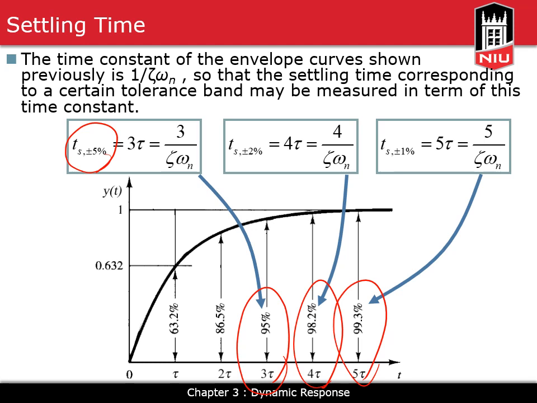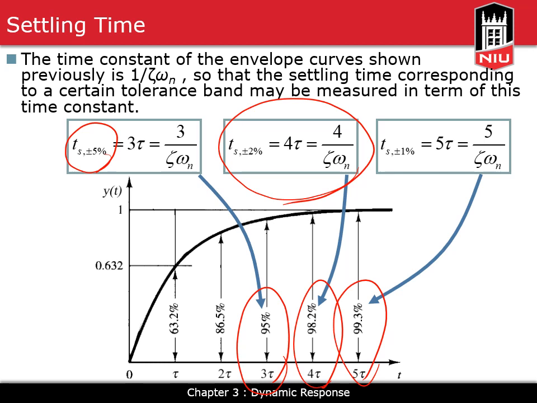So be careful. Whenever you're asked to find the settling time, the tolerance level or the criteria for settling time must also be given to you. If it is not given, by default, you would be picking the 2% criterion.